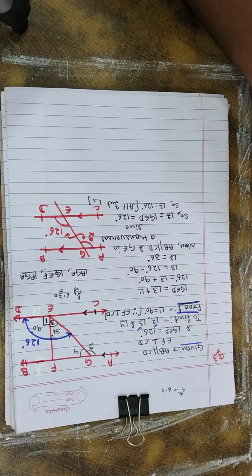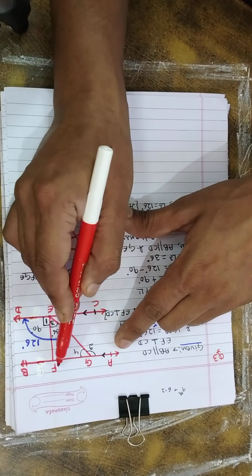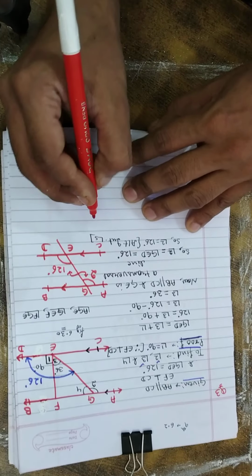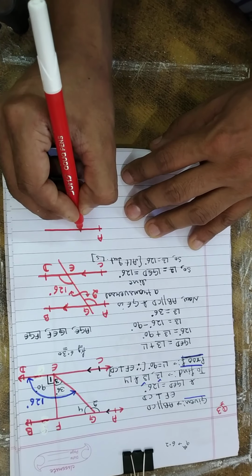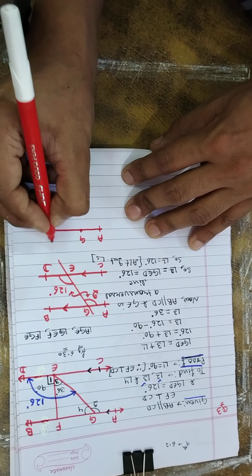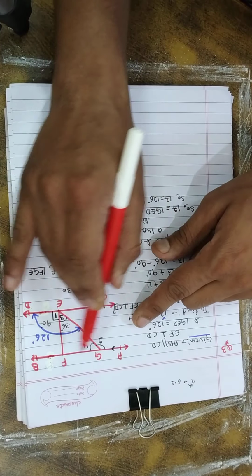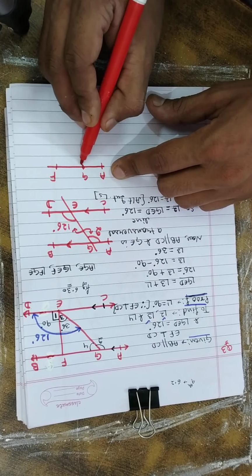To find angle 4, you can easily see that AGF is a straight line, and GE is a line on that line.